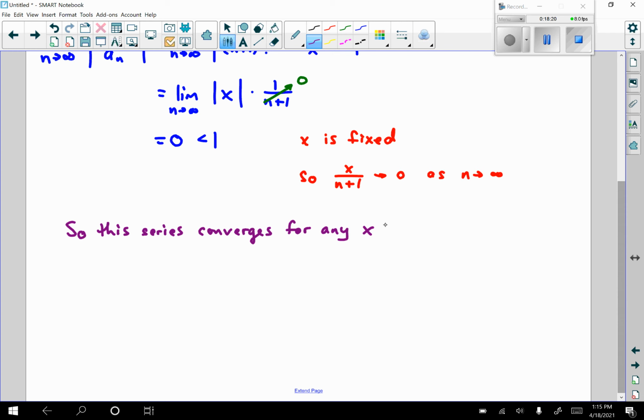Hence the radius of convergence: when this happens, we say the radius of convergence is infinity. And the interval of convergence is all real numbers, so just from negative infinity to infinity.